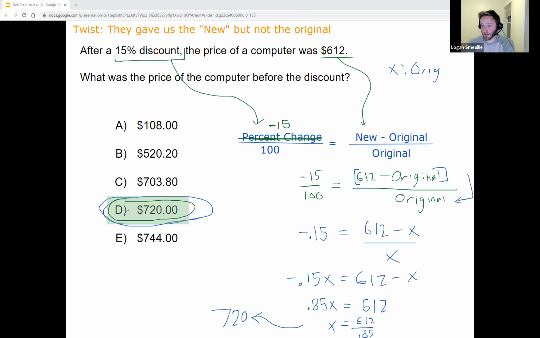A couple things I want to point out. One thing that sometimes people do here is they say, okay, if 15% less got us to 612, let's take 612 and add 15%. And I know how to do that. I know that that is 612 times 1.15.